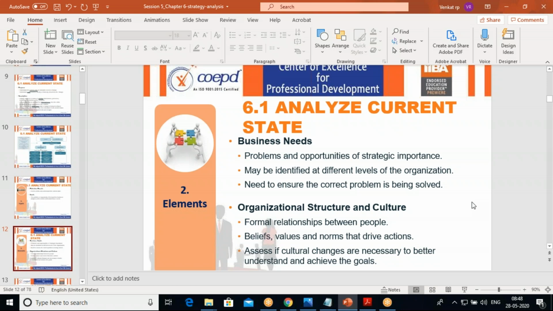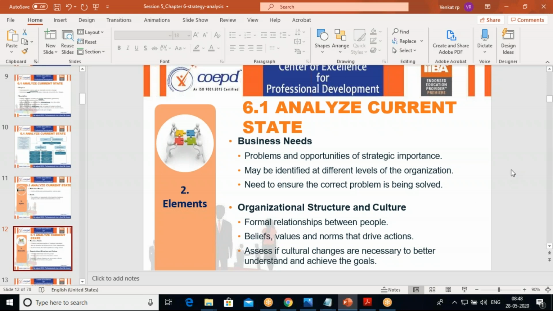The problem is that humans tend to make errors because of the lot of data handled by a single individual. So efficiency would be less and time consumed would be more. To address this we may come up with a solution. You got me? And needs may be identified at different levels of the organization.